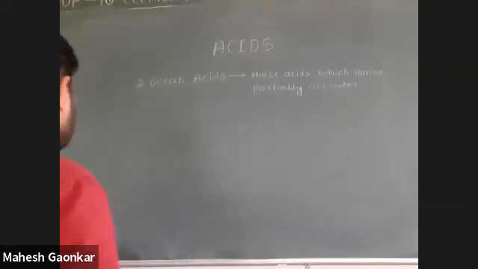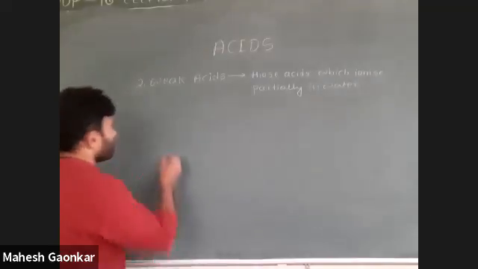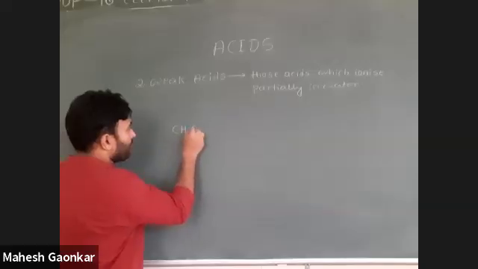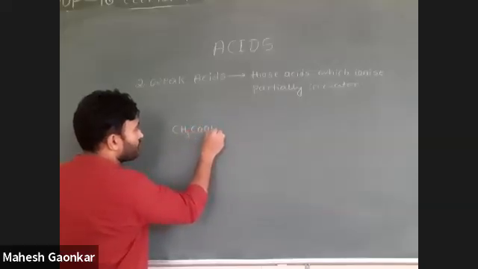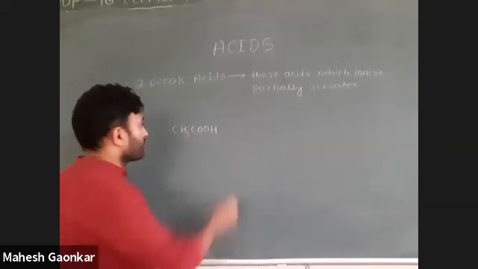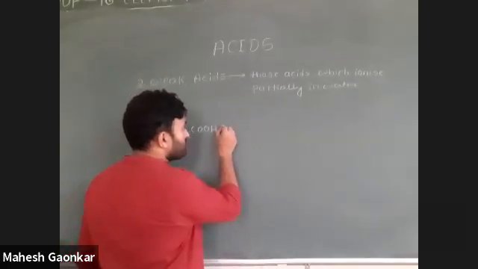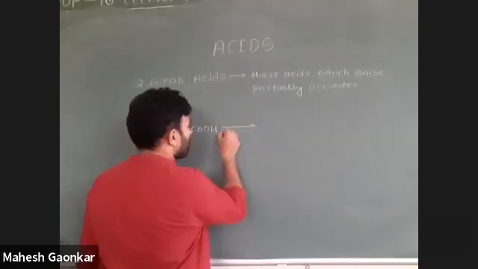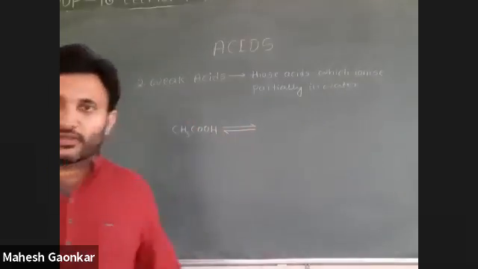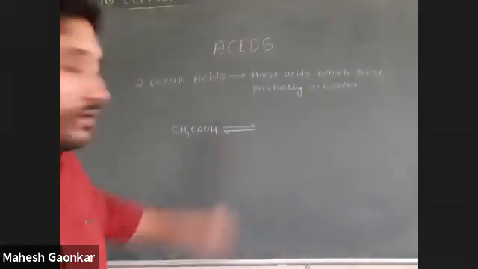So how can we represent these weak acids? Say for example CH3COOH. If it ionizes partially, then we represent like this. This is also called reversible.